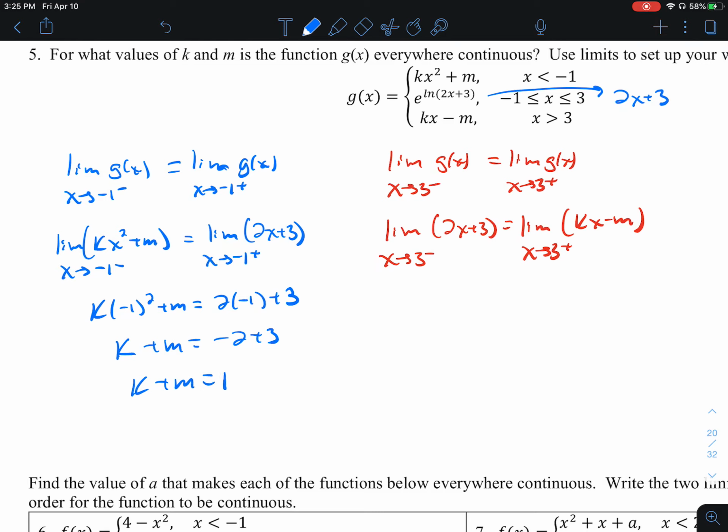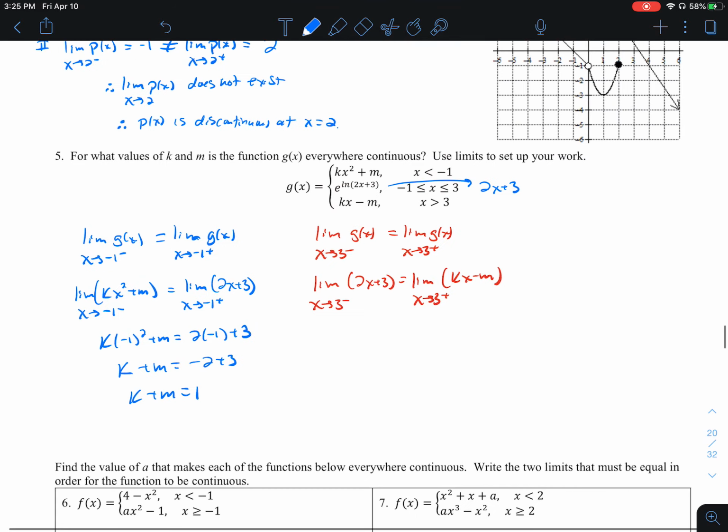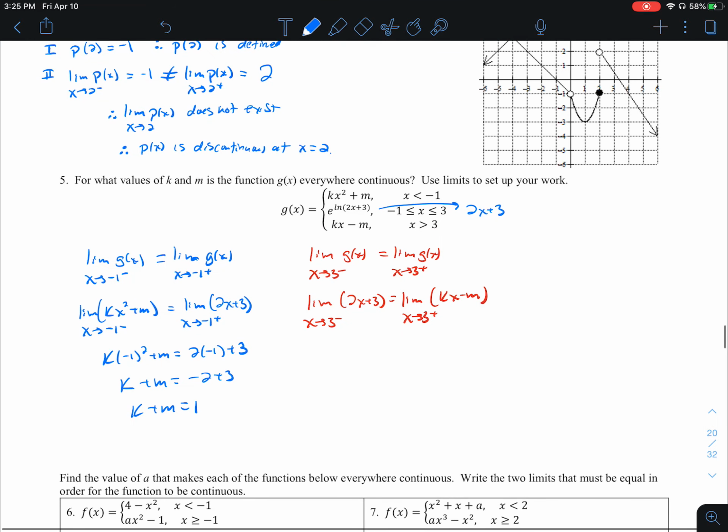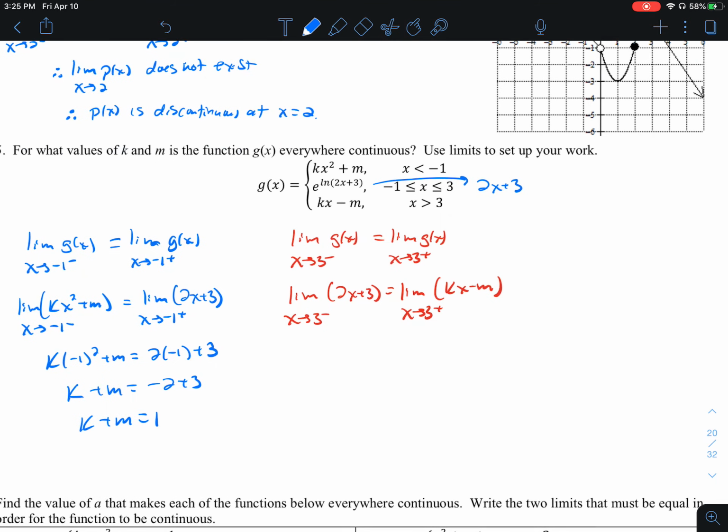We can't solve that because there are two variables. And, you know what? No, did I make a mistake here? No, I did not.